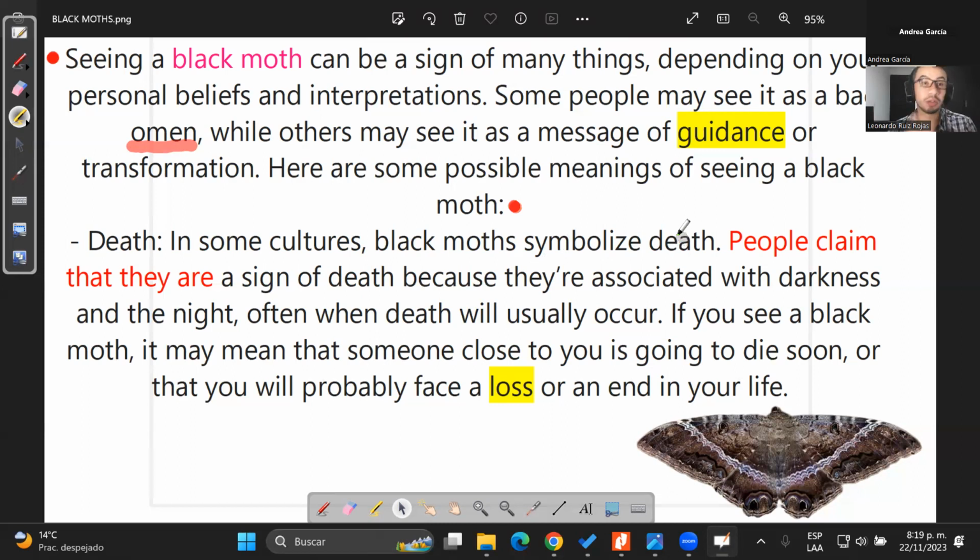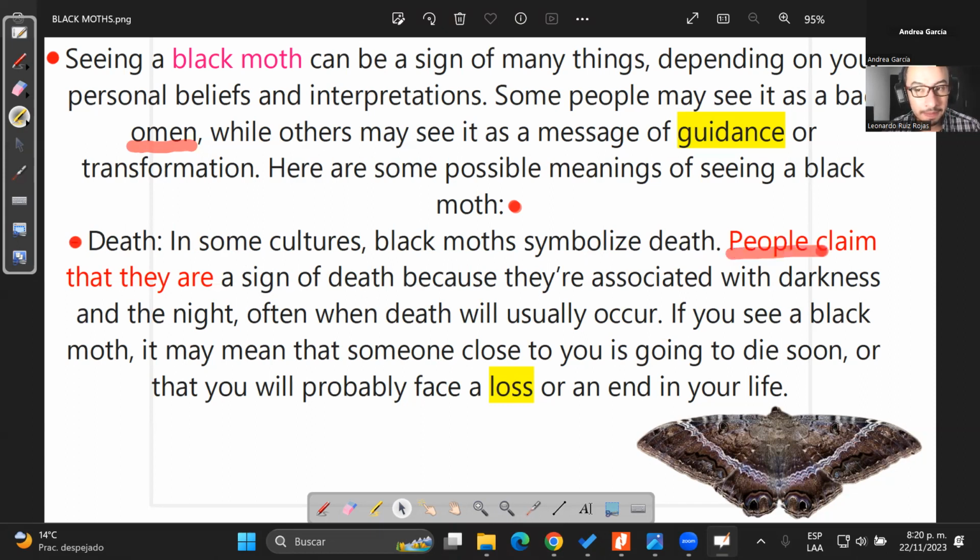Very good. So they say that depending on your personal belief or interpretation, some people may see it as a bad omen. Omen means a prediction, like an augury. And while other people may see it as a message of guidance or transformation, right? We're going to read only the first one, which is death. In some cultures, the black moth symbolizes death.